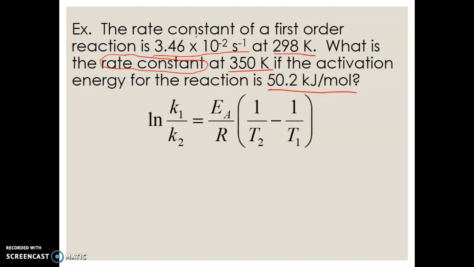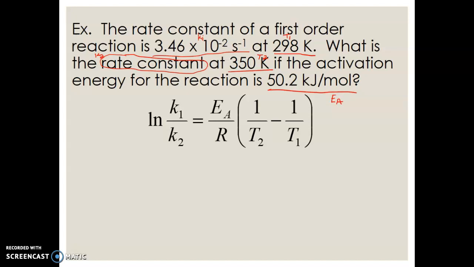Okay, so we have K1 here, we have T1 here, we have T2 here. We're trying to find K2, and we have our activation energy here.